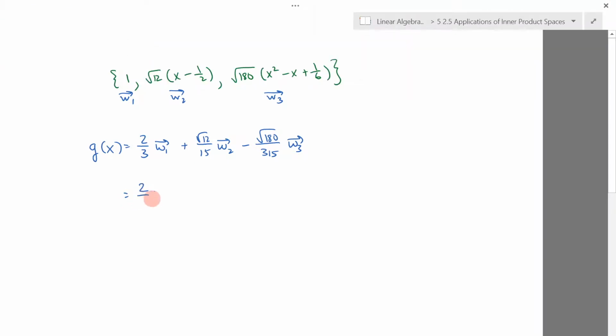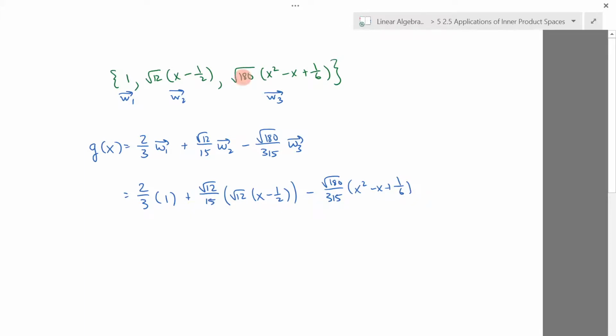becomes 2/3 times w1, which is just the function 1, plus square root of 12 over 15 times w2, which is square root of 12 times (x minus 1/2), and then minus square root of 180 over 315 times w3, which is square root of 180 times (x squared minus x plus 1/6).